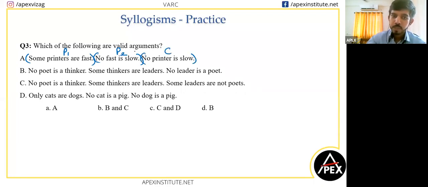And if these two premises can lead to this conclusion, then this becomes valid or invalid. And we have to pick the valid arguments. Okay, so this is a slightly longer question.